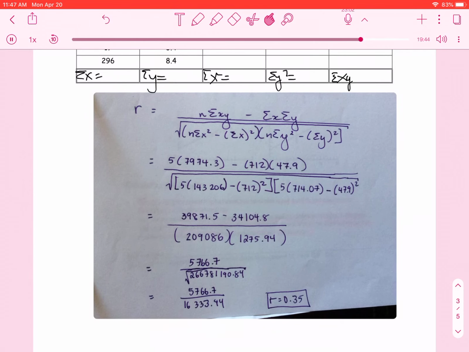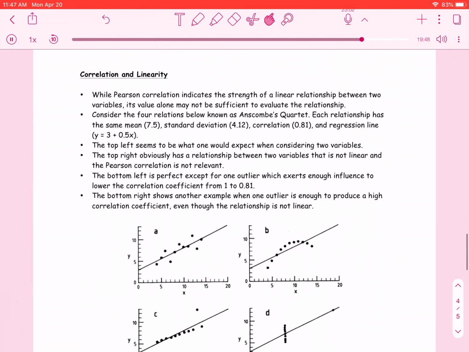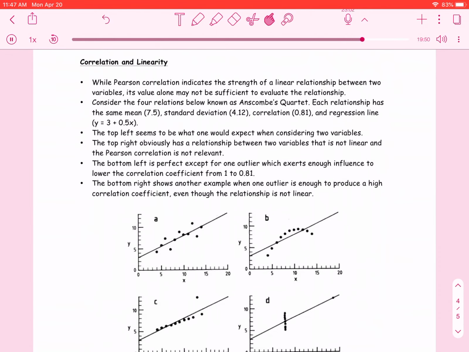Okay, and just lastly, just some things to go over with correlation and linearity. While Pearson's correlation indicates the strength of a linear relationship between the two variables, so once again determining how strong your x and y variables are, how much does that dependent variable depend on your x variable? Does it have a close relationship?